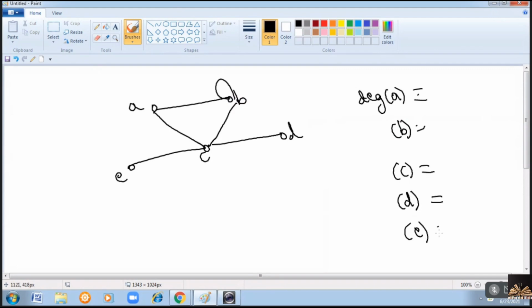What is the degree of a vertex? And one more point to be remembered is, in the case of an undirected graph, the degree of a loop contributes the value 2. The degree of a loop contributes 2 to that particular vertex. Clear?